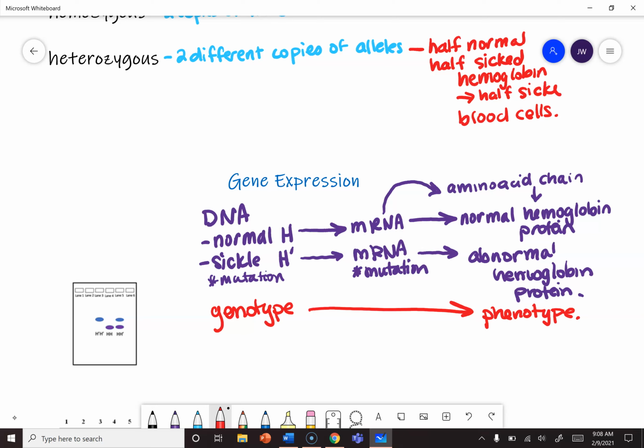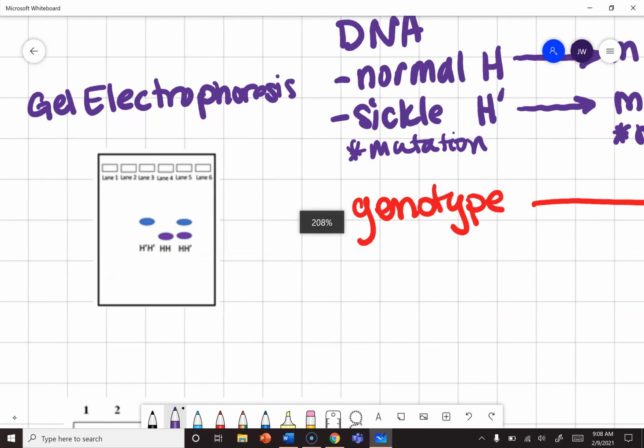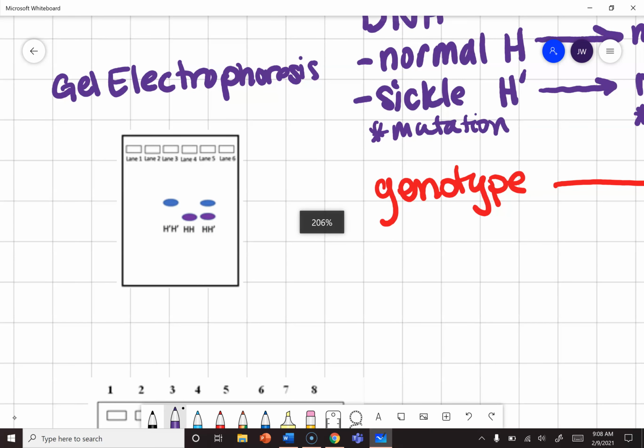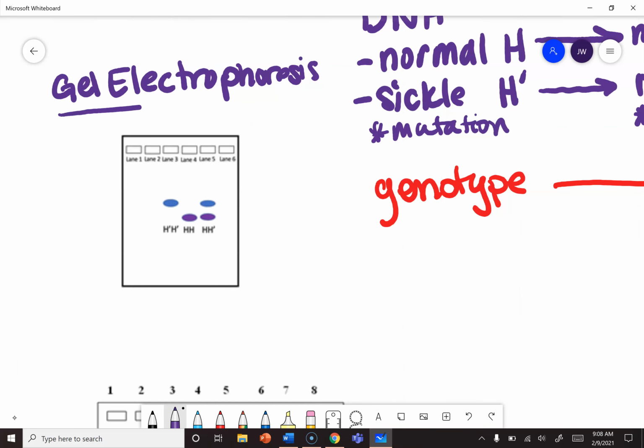All right, so as I said, there's a video on gel electrophoresis that explains how gel electrophoresis works. So I'm actually going to skip over that in this video and go directly to what you are going to see at the end of your gel electrophoresis. Gel electrophoresis is a way for us to visualize DNA, or in this case, proteins.